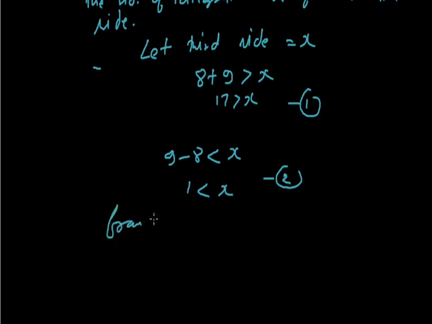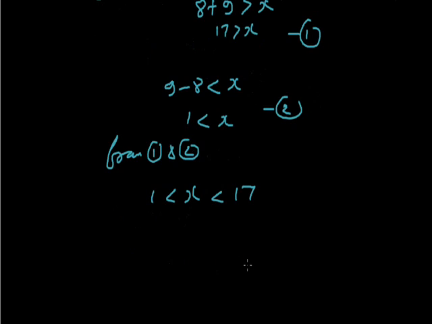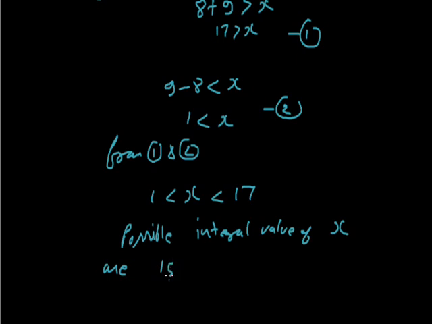From these two statements, we can say that x is greater than 1 but less than 17. So the possible integral values of x are 17 minus 1, that is 16, minus 1, that is 15.